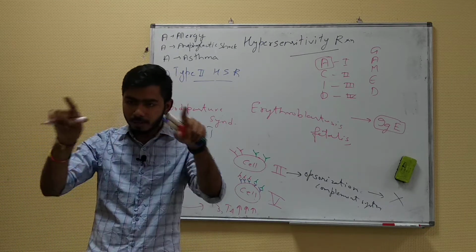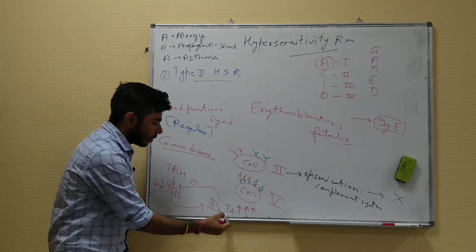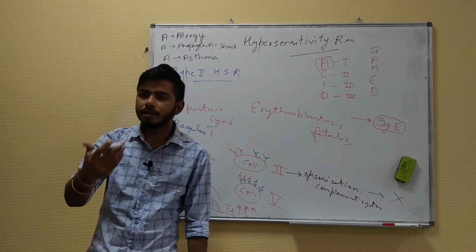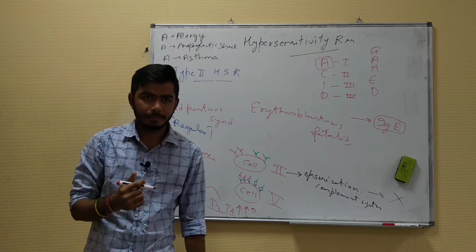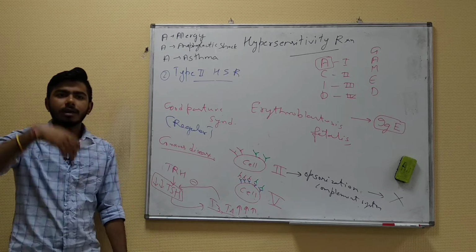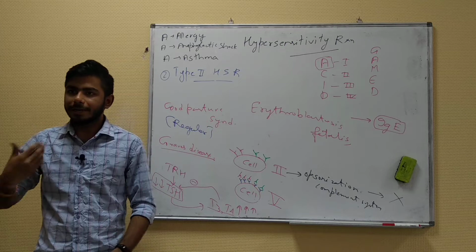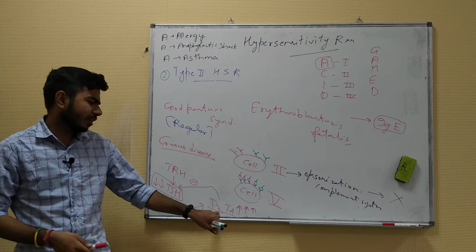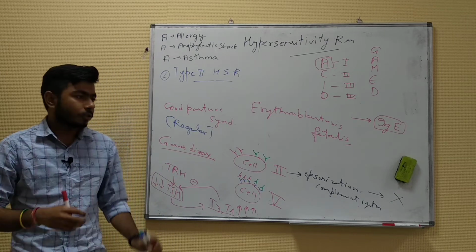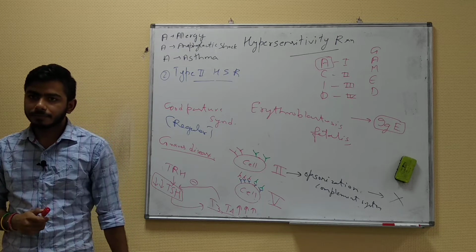In the report of any hyperthyroidism patient, you will see T3 and T4 higher and TSH lower. The opposite situation is seen in hypothyroidism or Hashimoto thyroiditis: T3 and T4 lowered, TSH higher. In hypothyroidism the patient gains weight, whereas in Graves' disease weight loss can be seen. So Graves' disease is also an example of type 2 hypersensitivity.